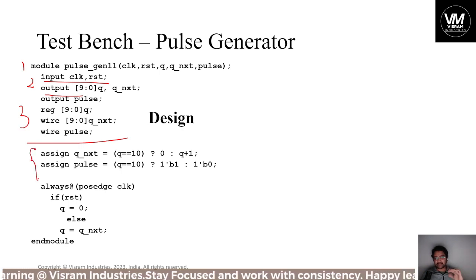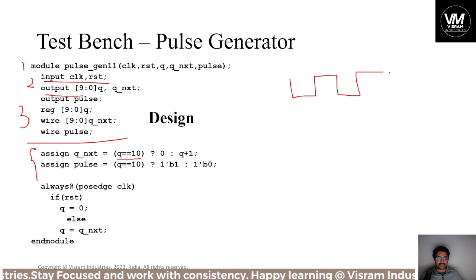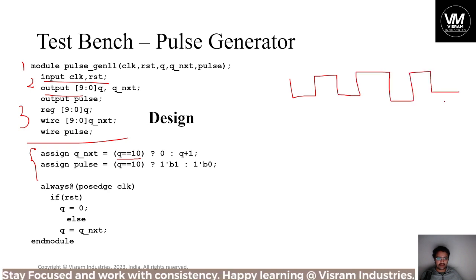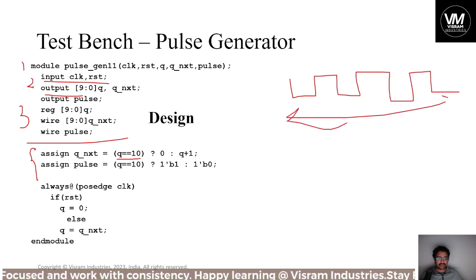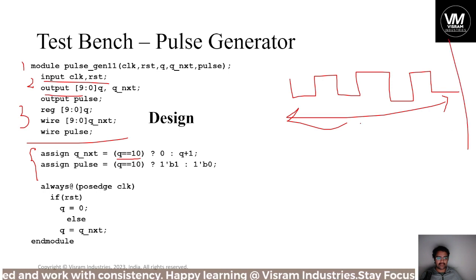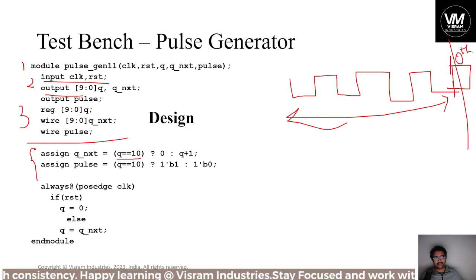This is the basic condition. Like if Q is equal to the 10th bit, likewise you have 10 pulses, you can go for the 11th or for the 10th, starting from 0.